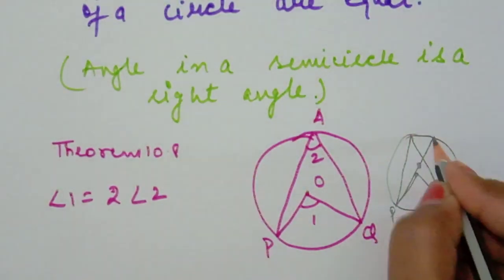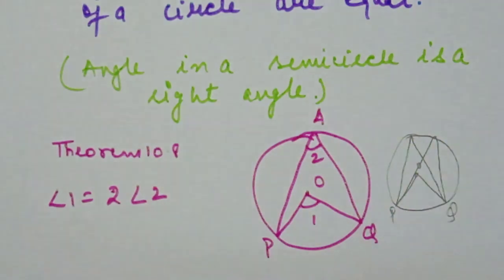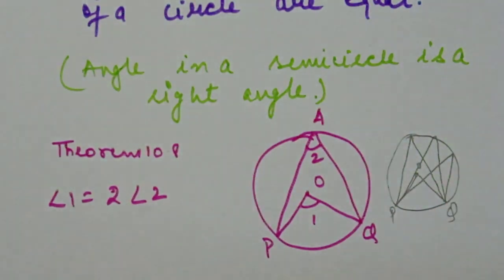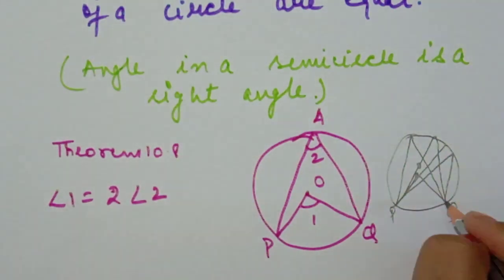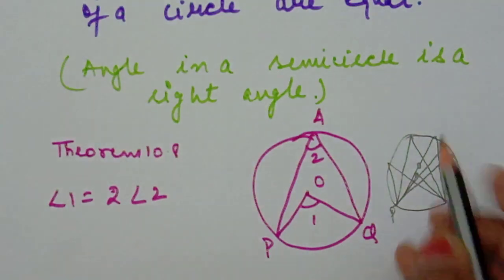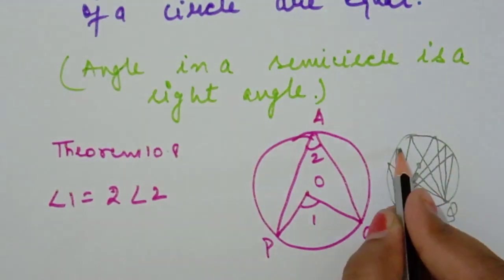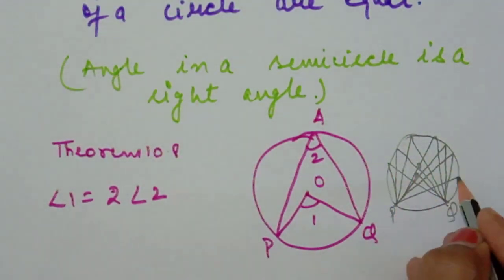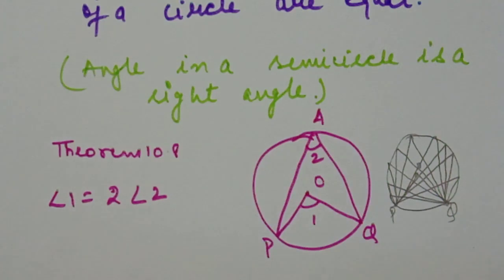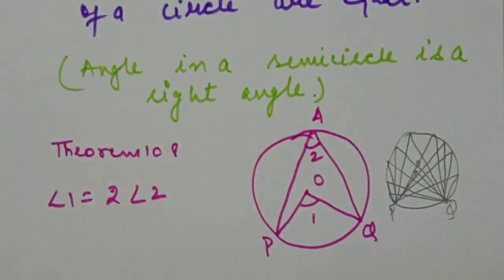If I make a second angle here, then a third angle is also possible, a fourth and a fifth angle are also possible like this. So all the angles are present in the same segment.